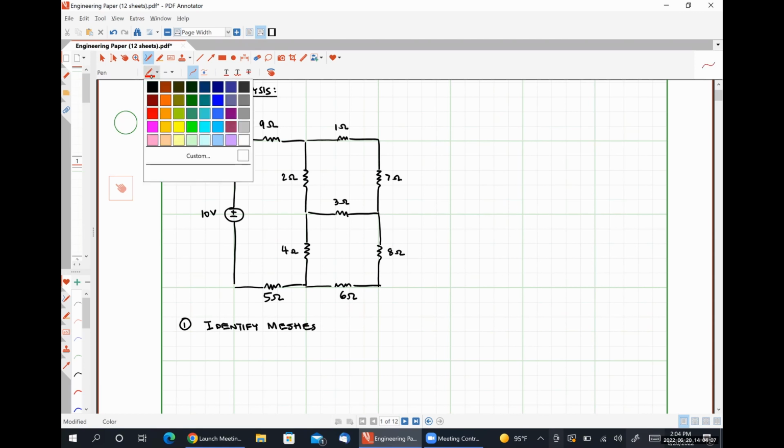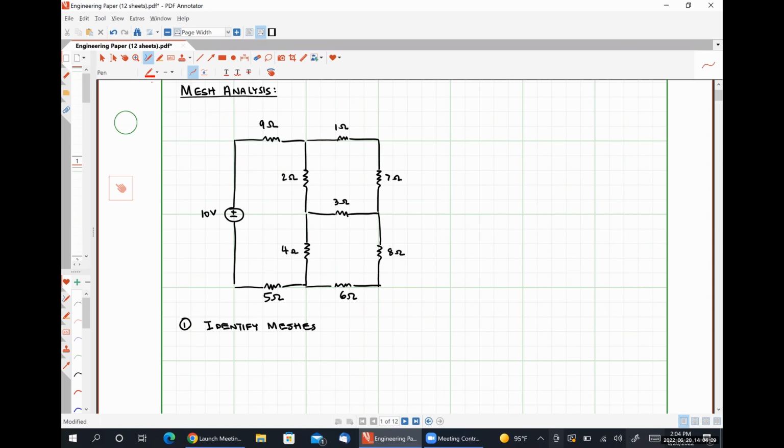So the first mesh that we have, I'm just going to start from the bottom left-hand corner, go up like so, and come back across like this. So this is our first mesh where, if you recall, a mesh is nothing more than a loop that doesn't contain any smaller loops in it.